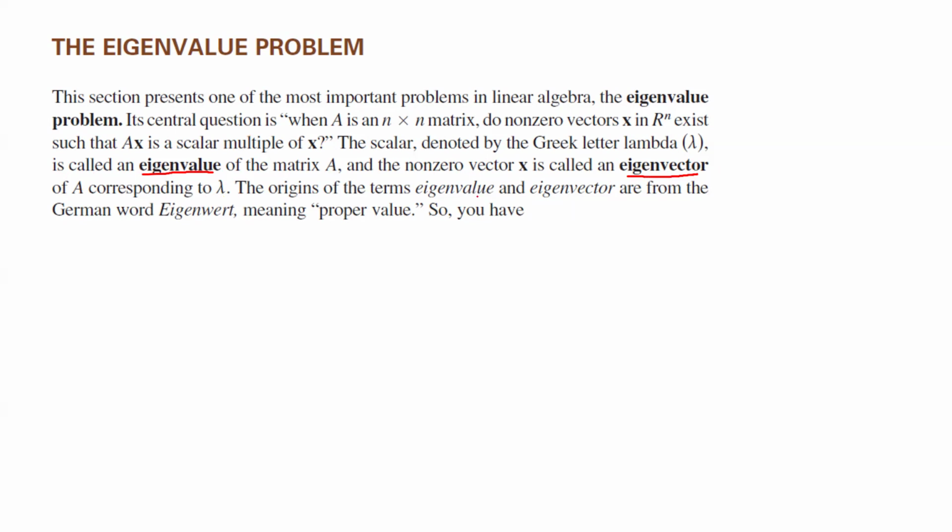The origin of the terms eigenvalue and eigenvector is the German word Eigenwert, meaning proper value. So basically, when we are talking about eigenvalue and eigenvector, we're forming this equation, Ax equals lambda x. Lambda is the eigenvalue and x is the eigenvector.